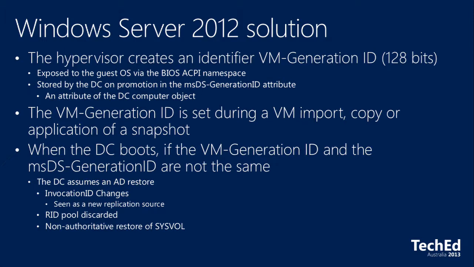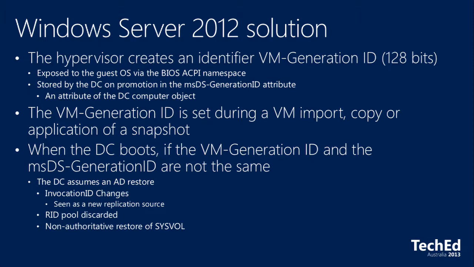If, however, they are different, if I have rebooted from a snapshot, the VM generation ID will change, the domain controller will have a look and see it's different, and go, we have a serious Sixth Day episode happening here, for those that have seen the Arnie movie. Something has happened, something is not right, I am not who I am supposed to be.